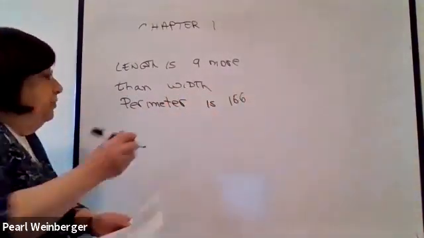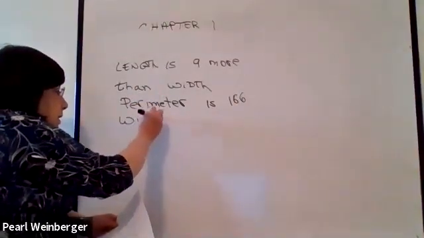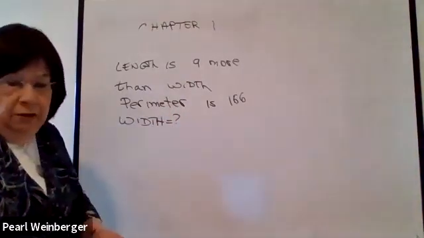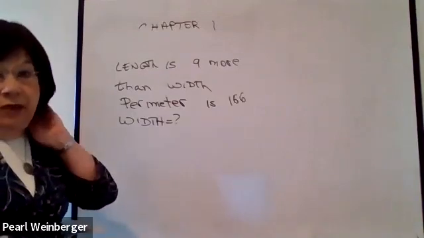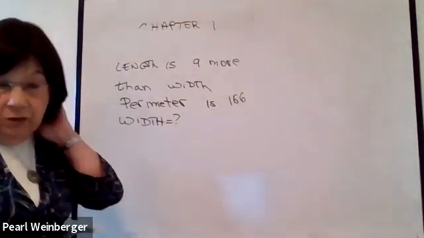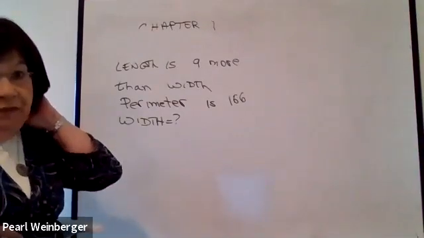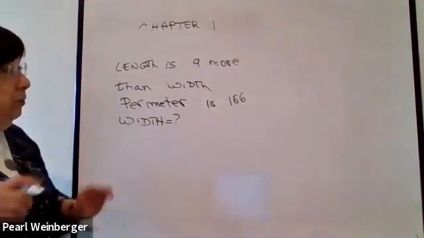And they wanted me to find what the width is. Sometimes they ask you to find the width, sometimes they ask you to find the length, and sometimes they ask you to find the dimensions. Now you have to read carefully what they're asking for. If they ask for the dimension, it means they want you to give both the length and the width.